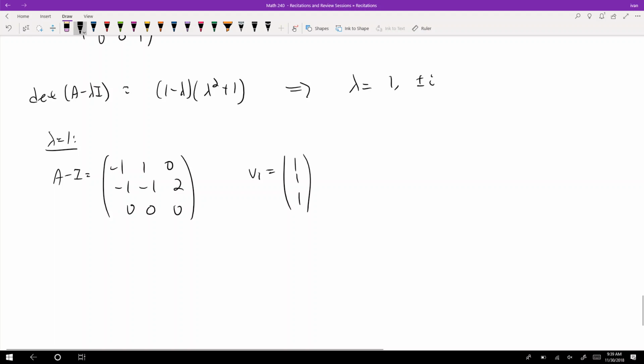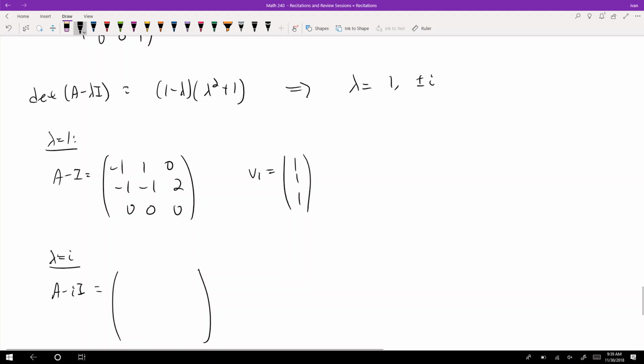Okay, so now we got to deal with the complex eigenvalues. Lambda equals i. So now we got A minus iI. And if you remember from chapter 7 when we did all this complex eigenvalue stuff, if we find one eigenvector, we can get the other one just by taking the complex conjugate of any imaginary number that we get in our eigenvector.